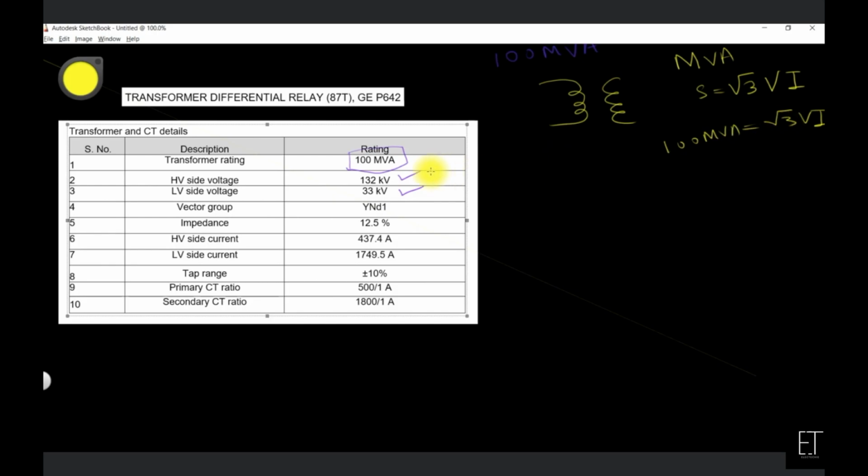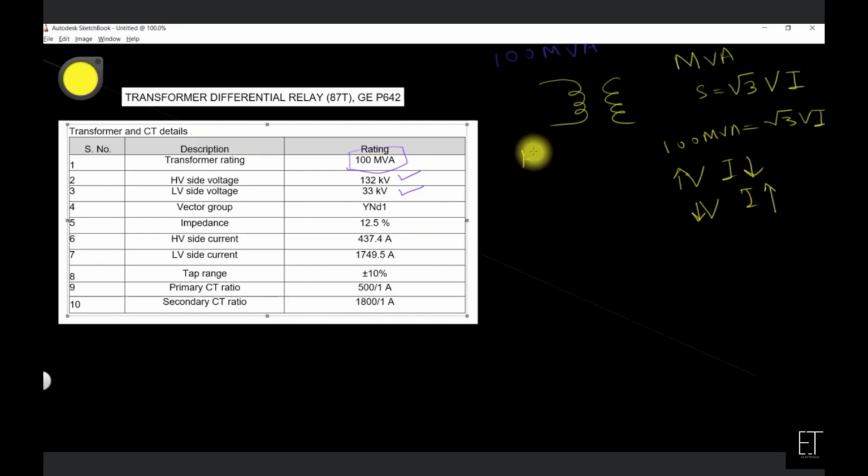If the voltage is increased at the high voltage side, it means that the current at the high voltage side is less. So V is high and the current is less at the high voltage side. That is, 132 kV is the voltage level, and at 33 kV the voltage is lesser as compared to the high voltage side, and the current will be higher. So it means that even at the balanced condition, when everything is fine and there is no fault, there will be a difference of current between HV and LV windings.